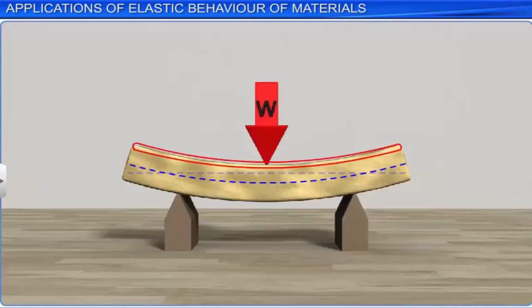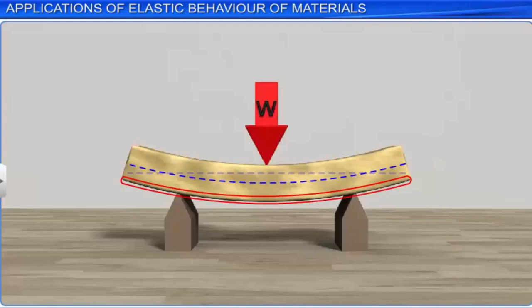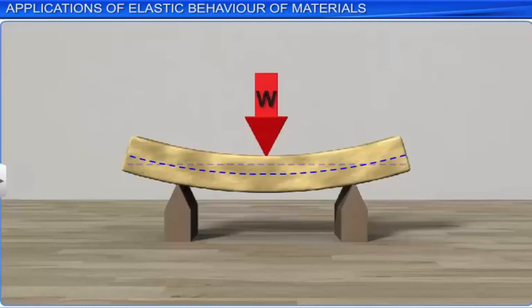The beam will sag or deflect due to the load. The deflection of the beam at the midpoint is its vertical deflection compared to its unstretched position. The greater the width B of the beam, the greater the maximum load the beam can support.